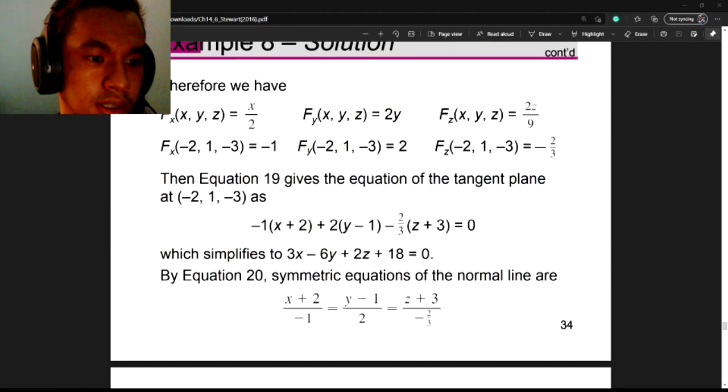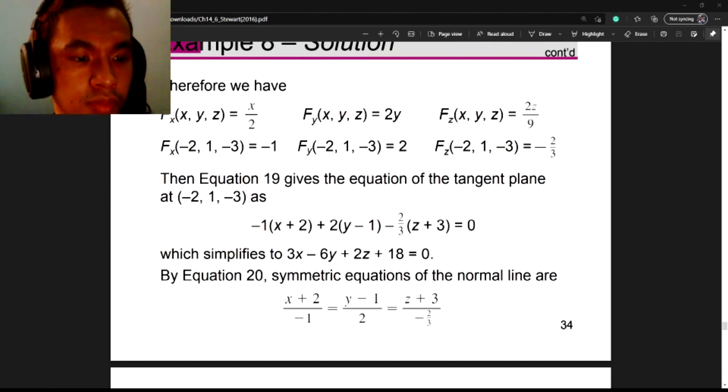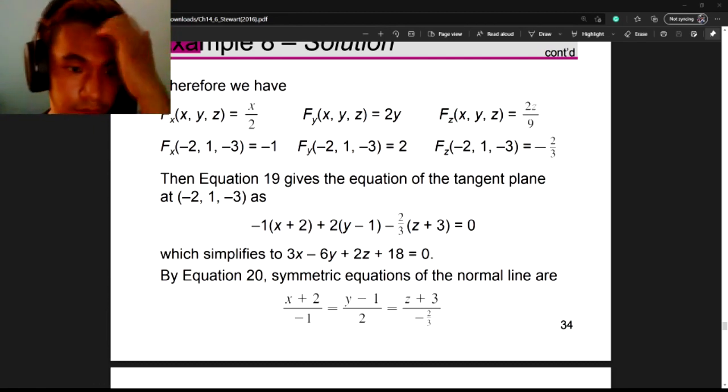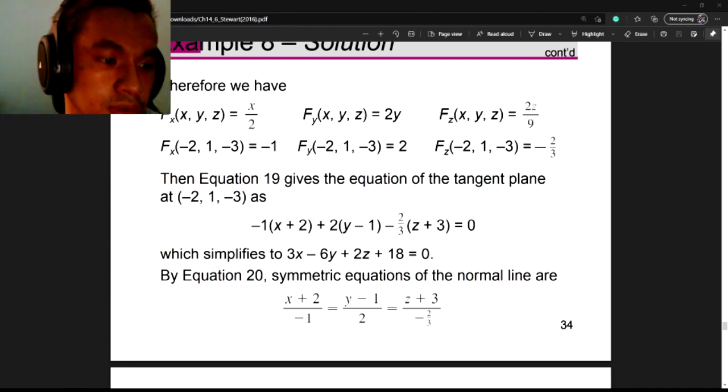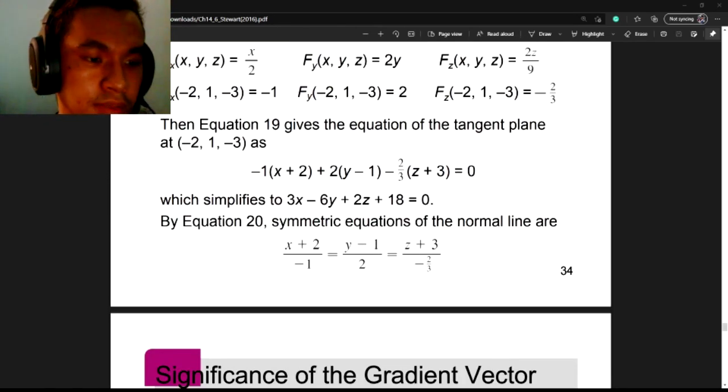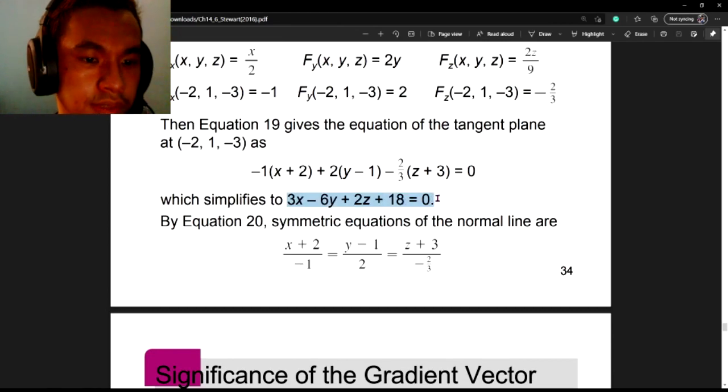Then equation 19 gives the equation of the tangent plane at (-2, 1, -3) as -1 multiplied by (x + 2) plus 2 multiplied by (y - 1) minus 2/3 multiplied by (z + 3) equals 0, which can be simplified to this equation.